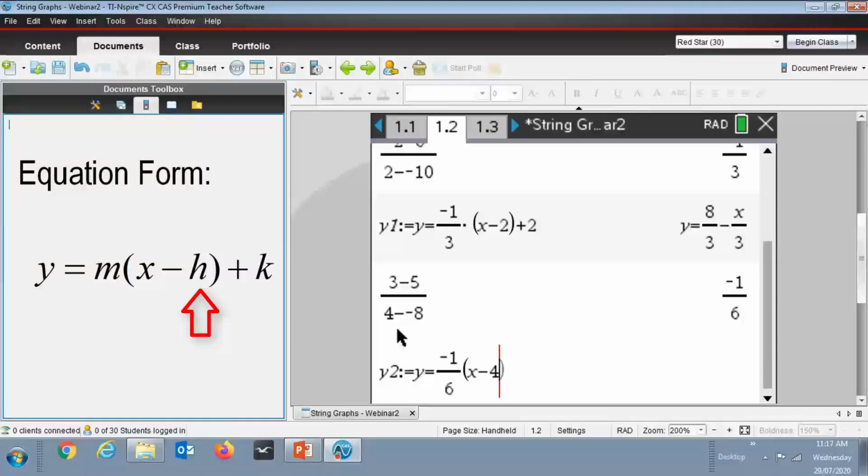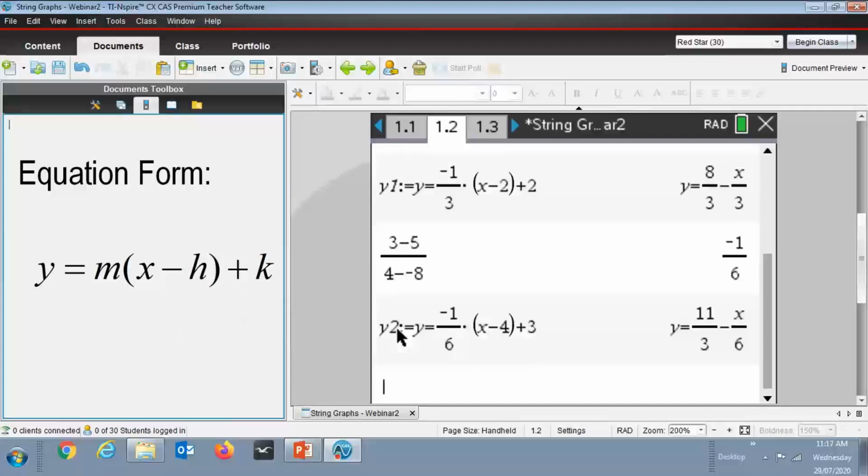So there's the minus 4, close the brackets, plus 3. When we press enter, we get another simplified version of the equation. But it's going to be really important to have this format, because that's where we're going to be able to do our predicting of the parameter from.